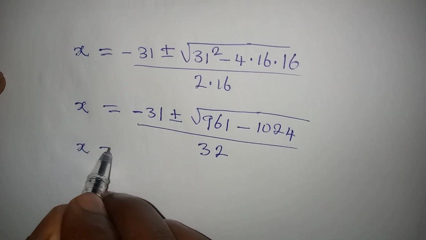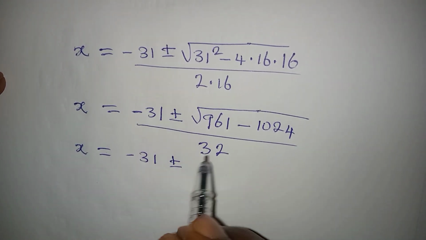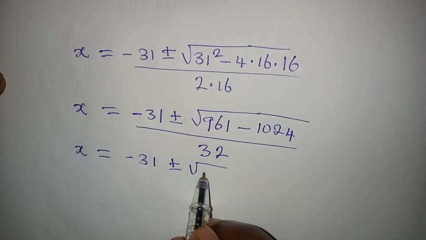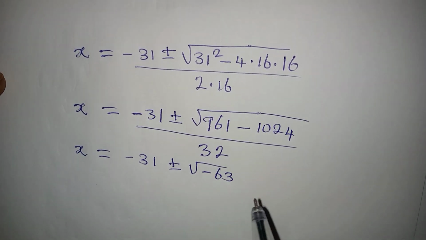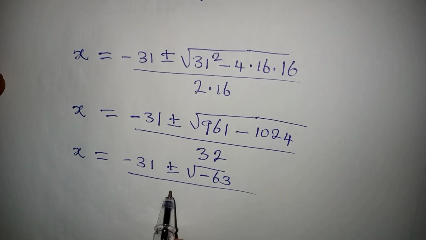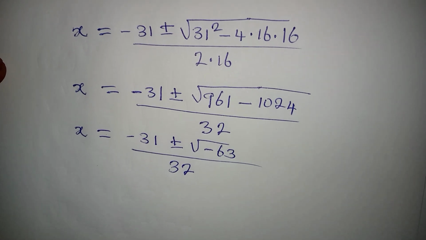Now our x is equal to minus 31 plus or minus. If I subtract this, I will have negative 63, and this will be over 32.